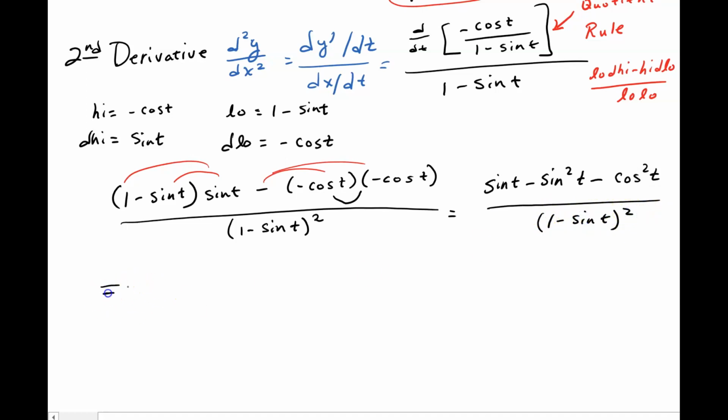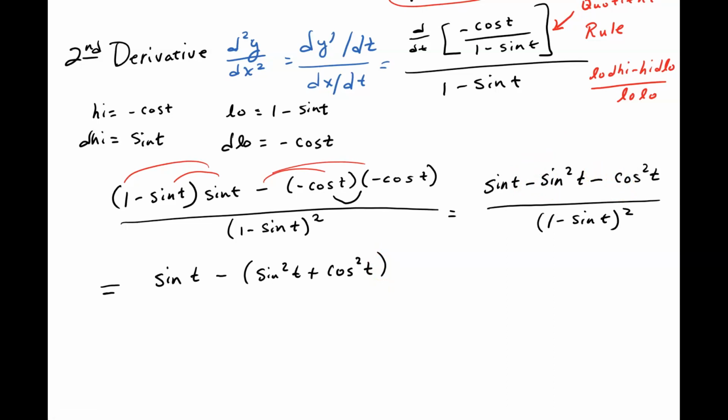Now I'm going to do some greatest common factor factoring, and I'm going to say sine of t minus, we pull out the negative, and that's the GCF that I'm talking about there, sine squared t plus the cosine squared t. I factored out a negative from here and from here.